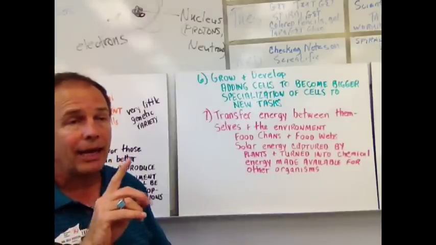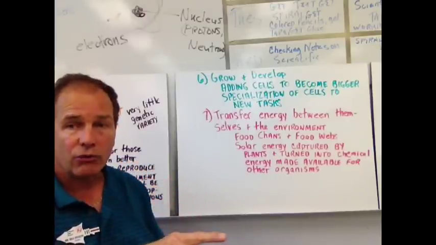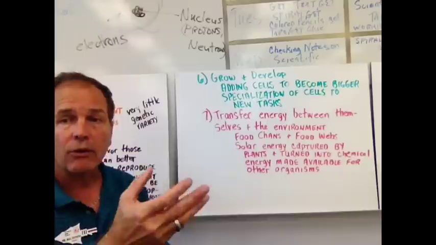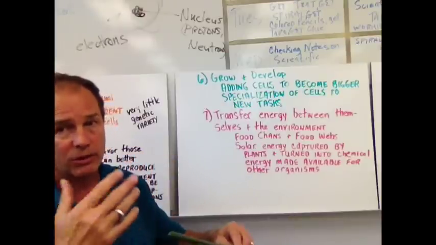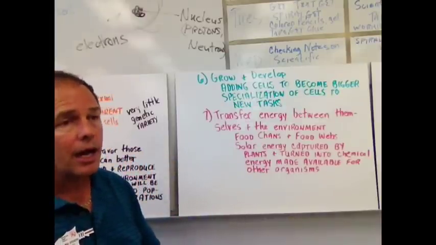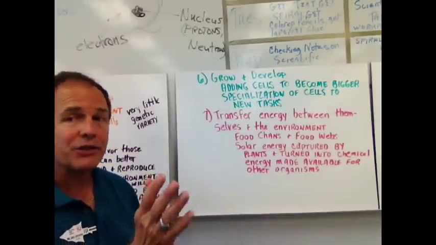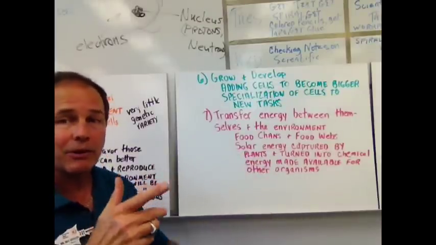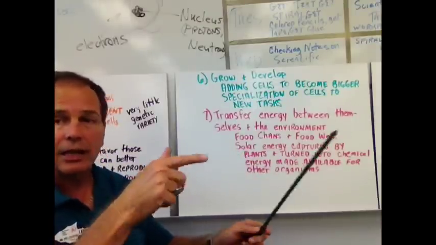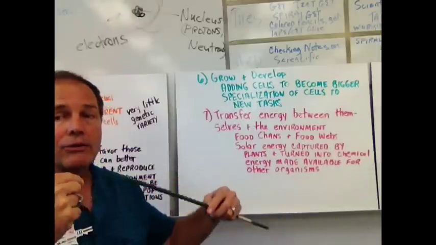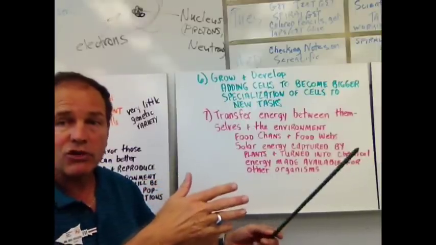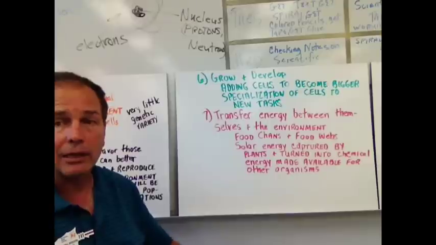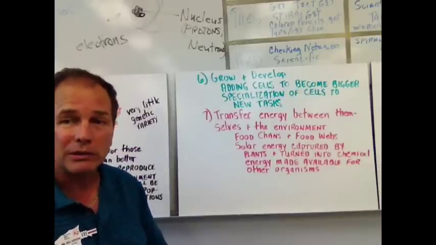Ultimately, I will have to end up eating an autotroph or a self-feeder, or, you know, kind of photosynthesizer, which you would call plants. Be it through the chicken. I may let the chicken eat the plant, and then I eat the chicken, but where'd the chicken get its energy? It got it from the plant, and I get my energy from the chicken. Or maybe I go straight and eat the lettuce, eat the corn.